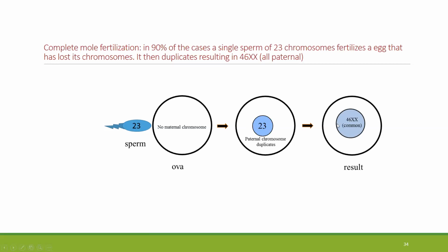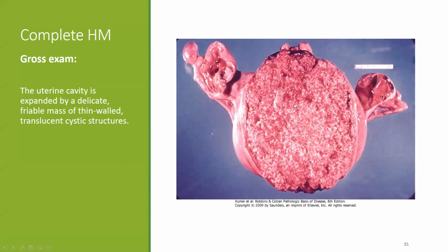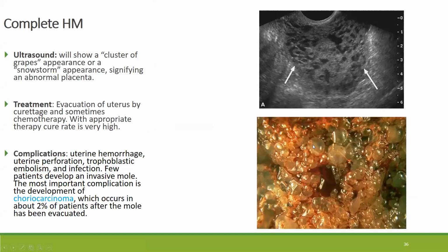It divides into two and goes to 46 chromosomes, and this is the cause of the full or complete hydatidiform mole. 46XX paternal is the genotype in complete mole. The uterine cavity is full of these chorionic villi, which are thin-walled, very thin, big, and large.